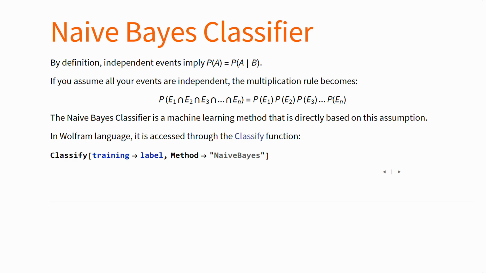In the Wolfram language, it's accessed through the Classify function, given the training dataset and corresponding labels, and specifying the classifier is naive Bayes. For example, consider a dataset of 20,000 randomly distorted letters, also called the UCI letter dataset. To use naive Bayes, assume all attributes, meaning the horizontal position, height, pixel total, and so on, are independent.